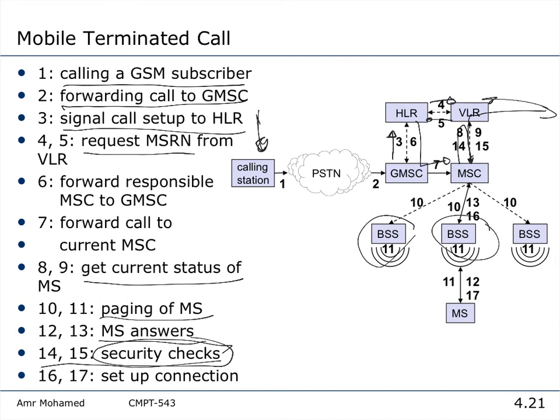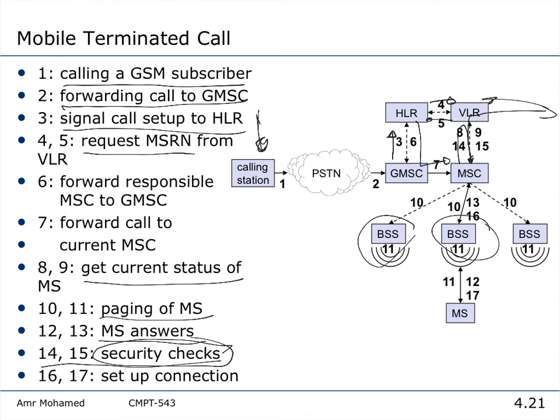After two times it is going, from the GMSC also it is going to the HLR, VLR. Yeah, so to the VLR, there are two major steps. The first one is that you need to check the status of this mobile station: whether it is subscribed to this service, whether it can actually perform this call, whether it has enough credit for this call, and so on. Okay? After you do this check, if the answer is that you don't have enough credits or something like this, then I don't need to do any further steps, right?